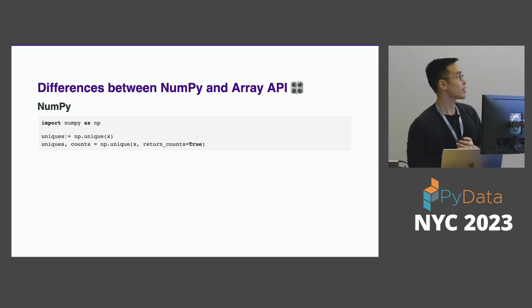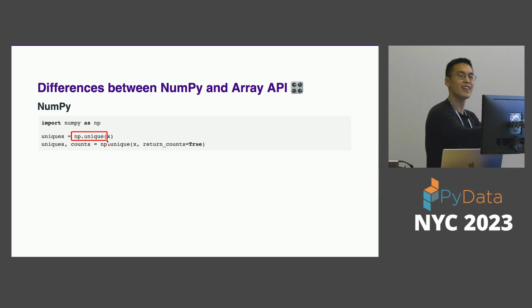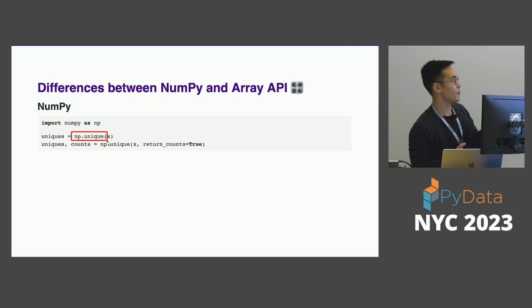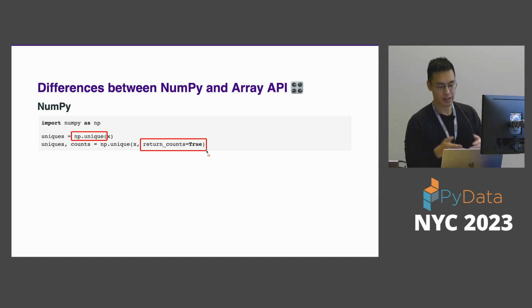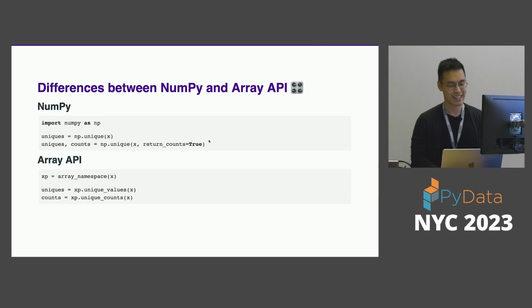Unique is another one. np.unique is very commonly used in scikit-learn because when you pass classes into scikit-learn for a classifier, it needs to know what the classes are, so it calls np.unique. In NumPy, np.unique gives you the uniques, and it has many different return parameters which give you different return options depending on what you set. Array API doesn't have unique; it has a different method name.